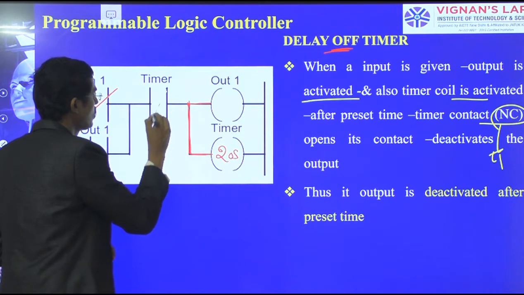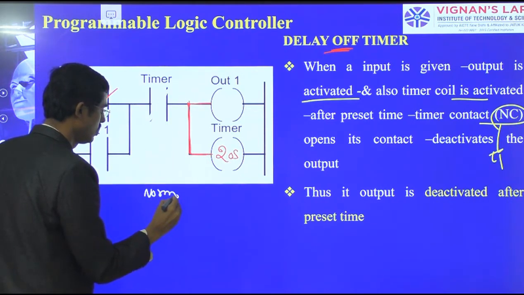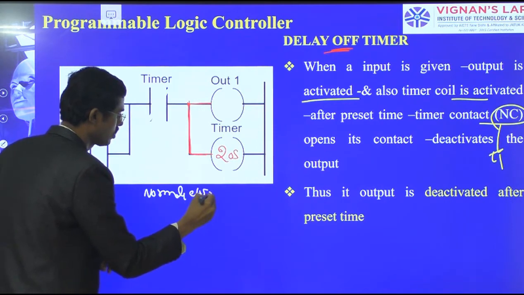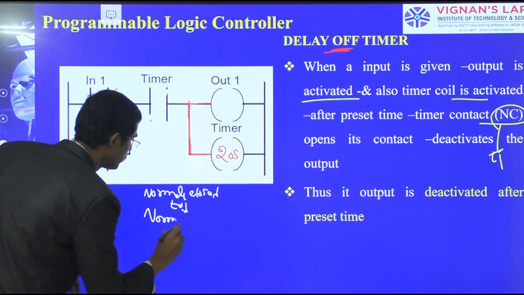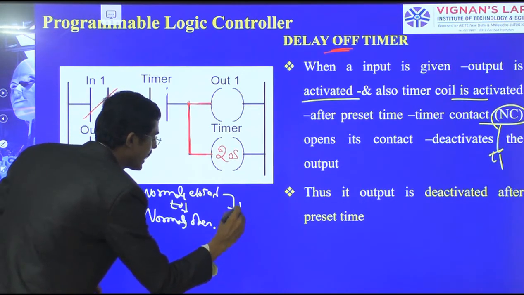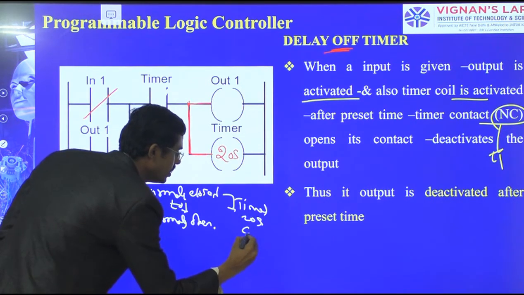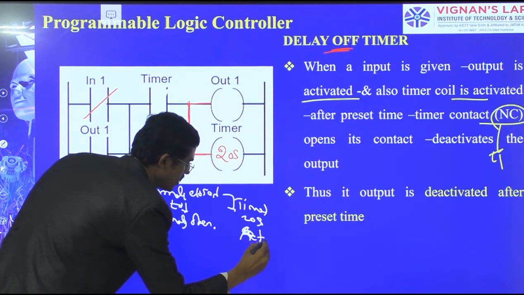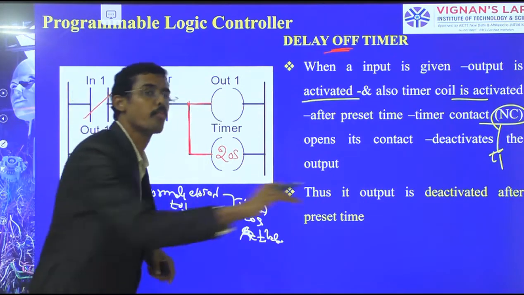From normally closed to normally open. When the 20 seconds timer is completed, it is activated. So the motor is disconnected. The trolley is stopped there now.